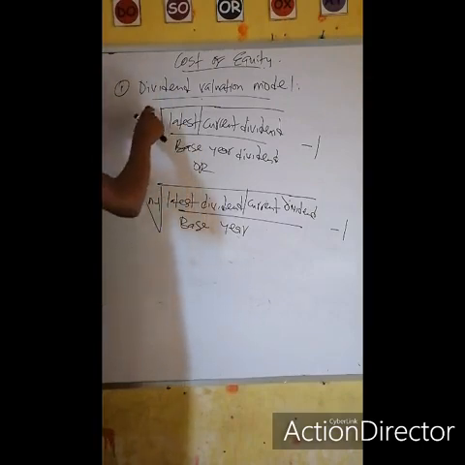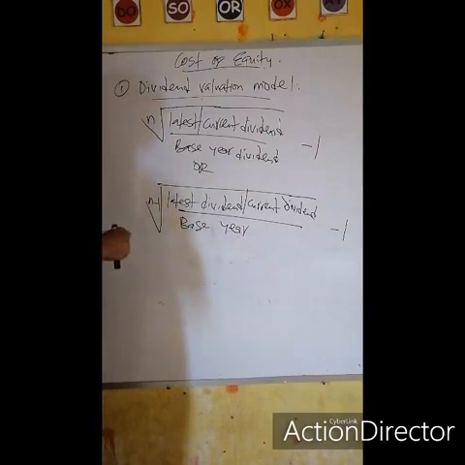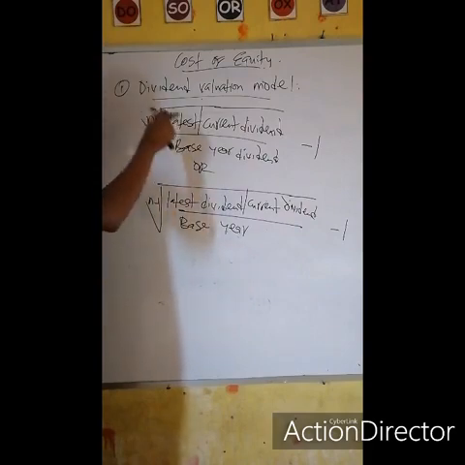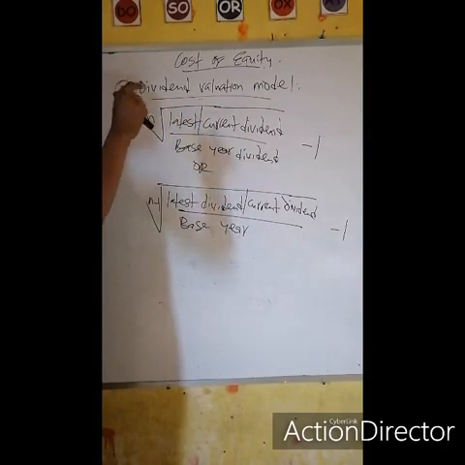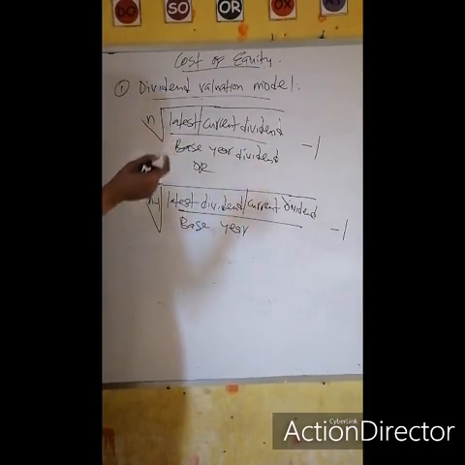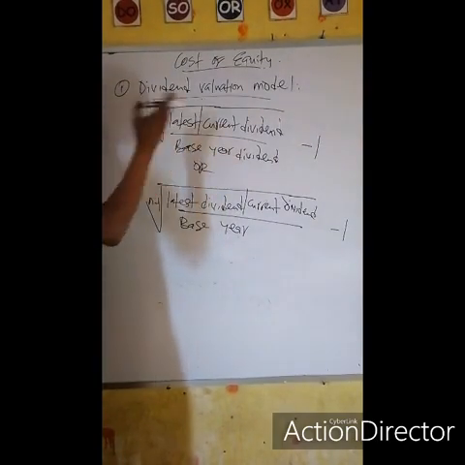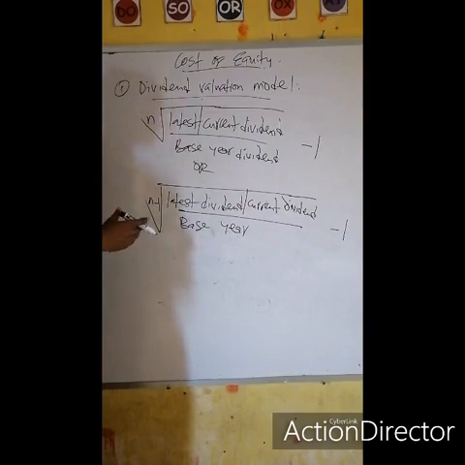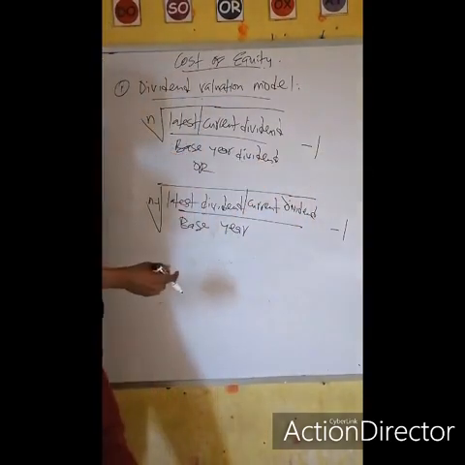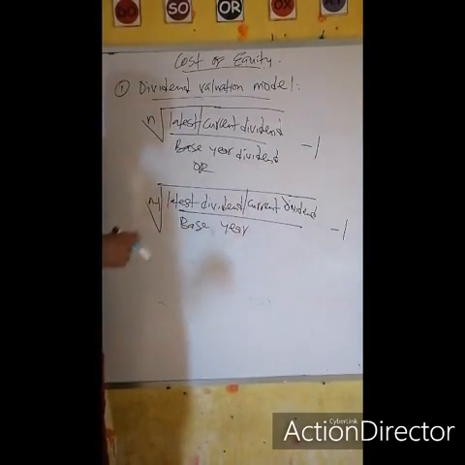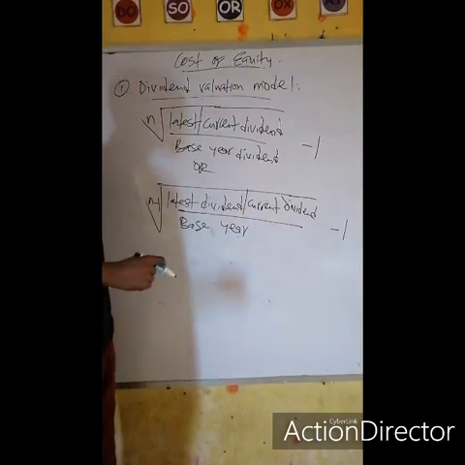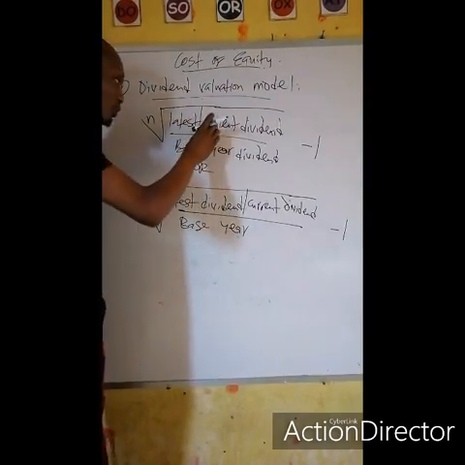If the dividend given to us is related to a specific year, for example the question tells us that a dividend of 50 kobo was paid 5 years ago and the current dividend is 70 kobo, in that wise this is the formula we are going to use.